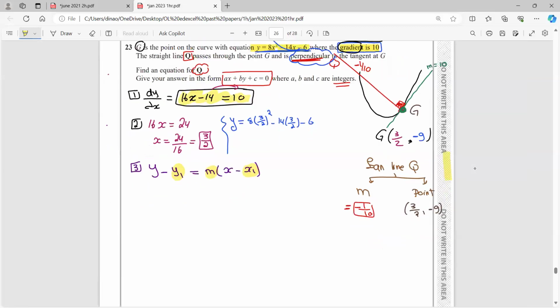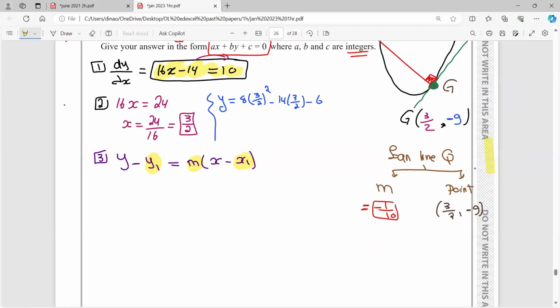Let me just select the pen. So y minus y1, which is negative 9, equals the gradient, negative 1 over 10, x remains as it is, x1 which is 3 over 2, minus 3 over 2.